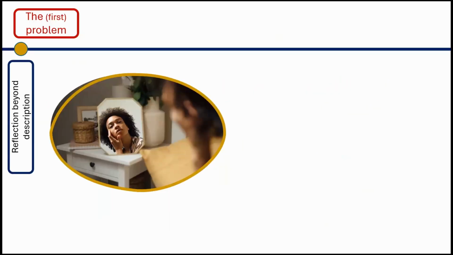So the year is 2019, and student teachers at the Wits School of Education are required to write reflections on their observations and experiences of teaching when they are in school-based practicum learning.